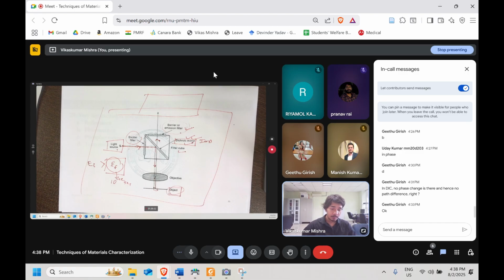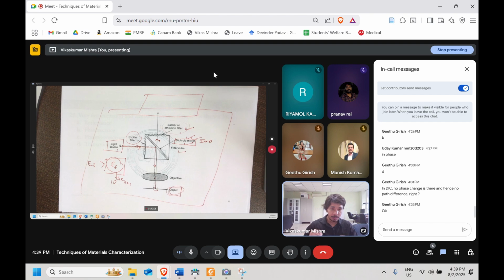So now let's say someone is using it for a biological purpose. They want to see the nucleus and the cells, how the nucleus is looking, how the cells are looking. They will try to add some chemicals so that these chemicals stick to the nucleus or to the cells, since they have different reactivity toward each of them. And this material which we are putting in the specimen is the fluorescent material, it will emit light.